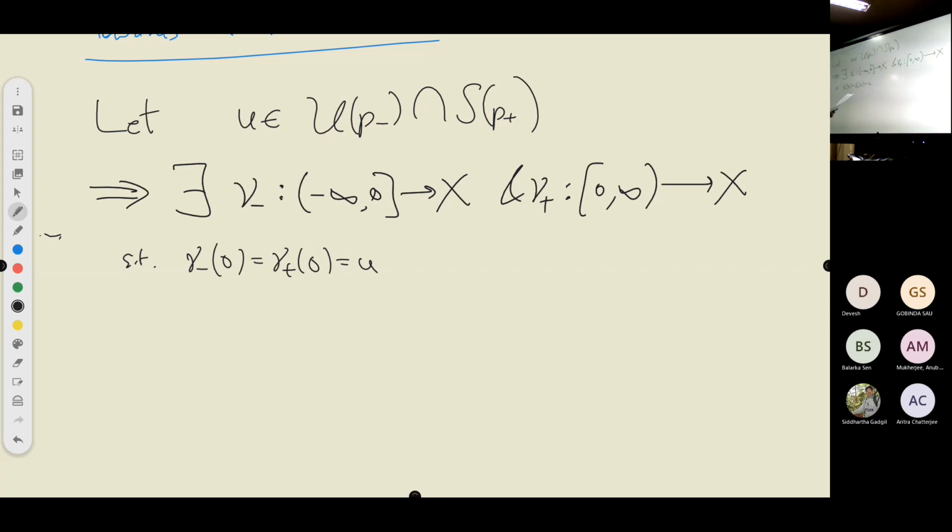Both meet at the point u, and both of these trajectories satisfy this equation.